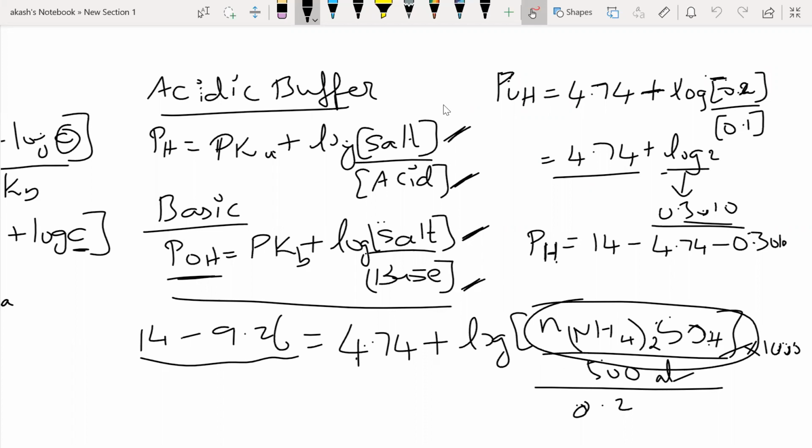After removing OH minus, what is remaining? NH4 plus. Or say if I take ammonia, after adding H plus, what is remaining? NH4 plus. So obviously NH4 plus is the conjugate acid of the base NH3, or for that matter NH4OH. So definitely I have to use Ka value for NH4 plus because it's the conjugate acid of the base. That's where you go for Ka value.